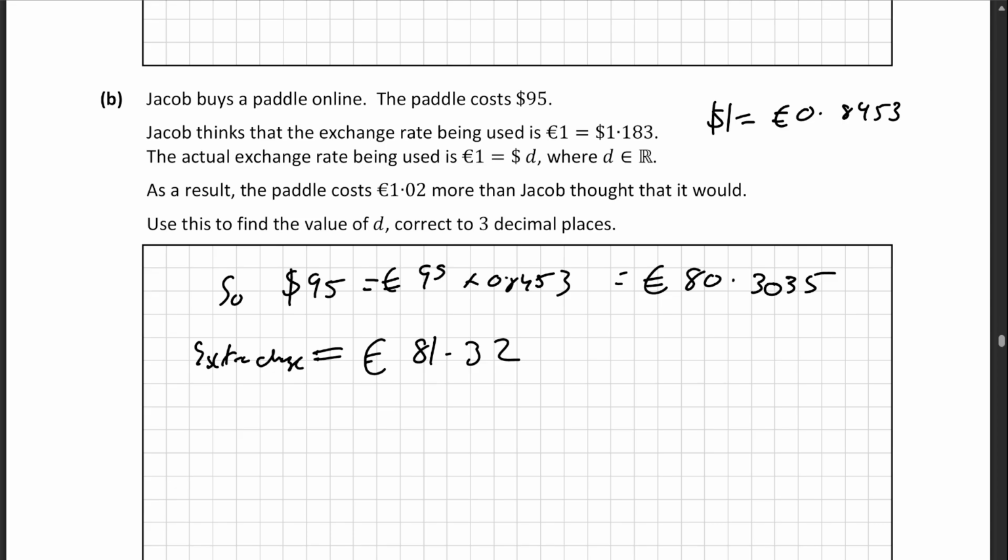This is quite puzzling here. I am going to have to sit and stare at this for a second. So $95 on the original. So he thinks it's 80.3035, but it's actually 81.32.